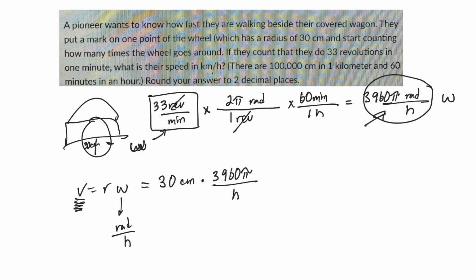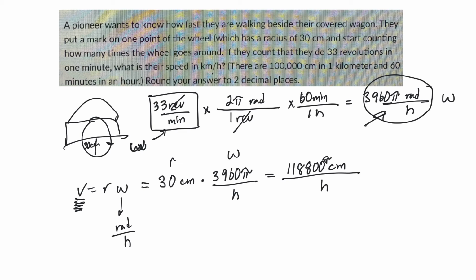Thinking about that, 33 revolutions in a minute, they're probably going pretty quick. Well, we'll see. Here's my radius, here's my angular velocity. Let's multiply them. Times 30, I'm looking at 118,800 centimeters, oh, pi, I forgot my pi, in an hour.